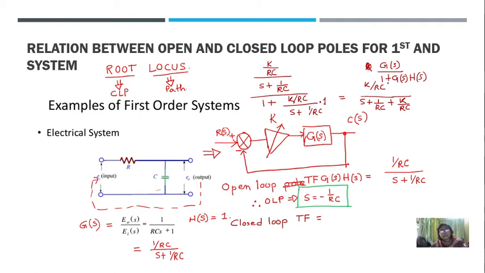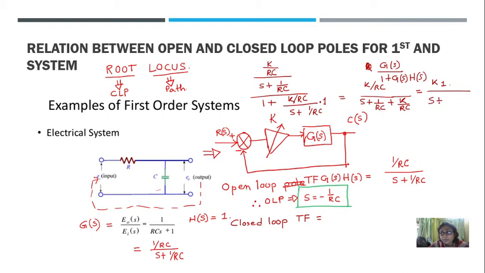As RC is a constant value, let us consider this K/RC as a new factor. K is a variable factor, and you are dividing this variable factor with the RC constant value. So the new factor K1 is also a variable factor.